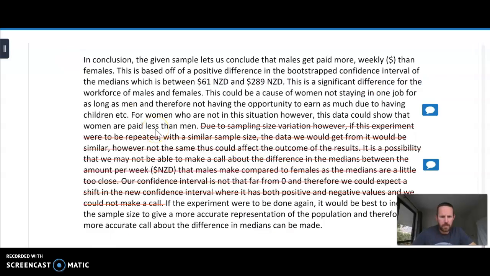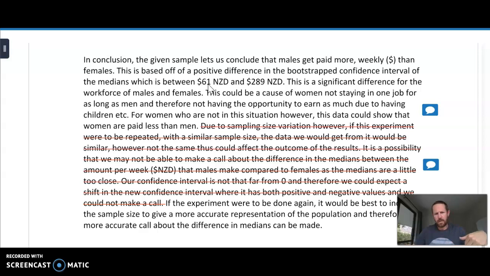In a similar vein, this person said, it is possible that we may not be able to make the call about the difference in the medians. Now, that's incorrect because this person has a positive confidence interval, 61 to 289, and the whole concept of doing a bootstrapping is to consider whether those two medians could swap around. And in this instance, because it's quite conservative, guys, when you do 1,000 resamples with replacement, you get quite a wide interval of where you think that true difference might be.